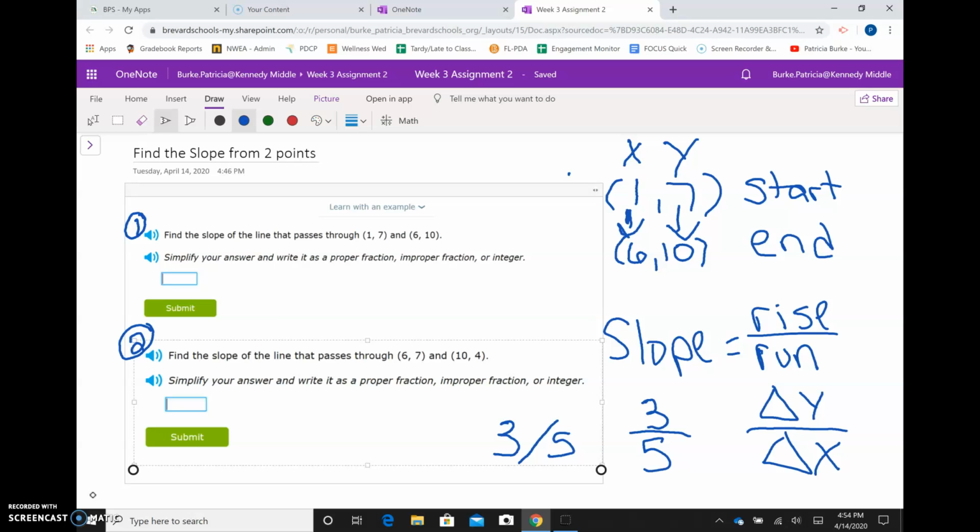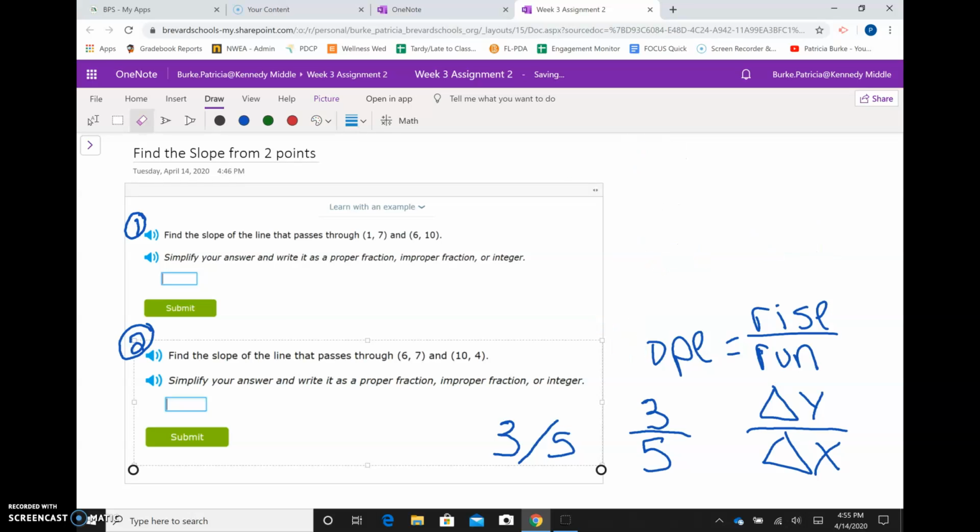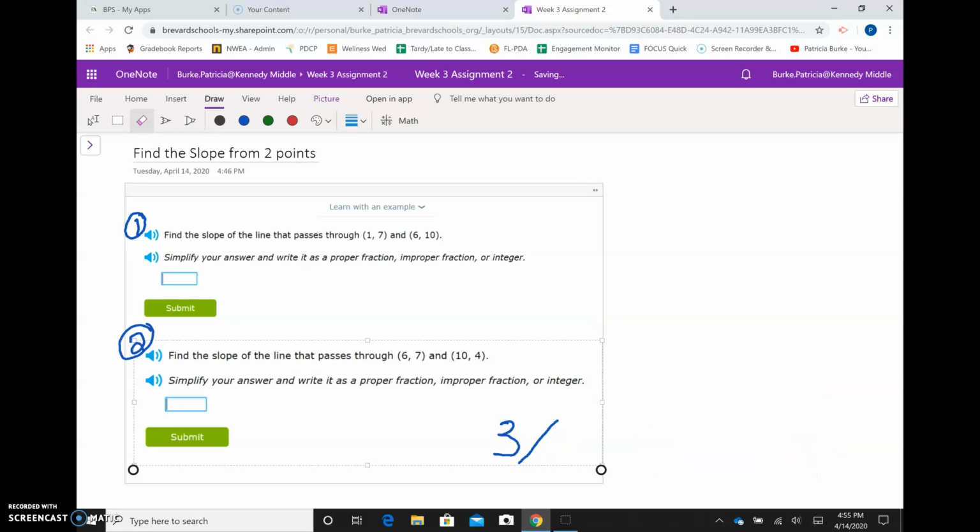All right, so that's one way. You can have a starting point and an ending point, and either one of these could be our starting and ending point, and determine what your rise over run was, or your change in y, or your change in x. Now, for all of my people who just love that formula, and I know there are some of you out there, not many, so let's revisit the formula.